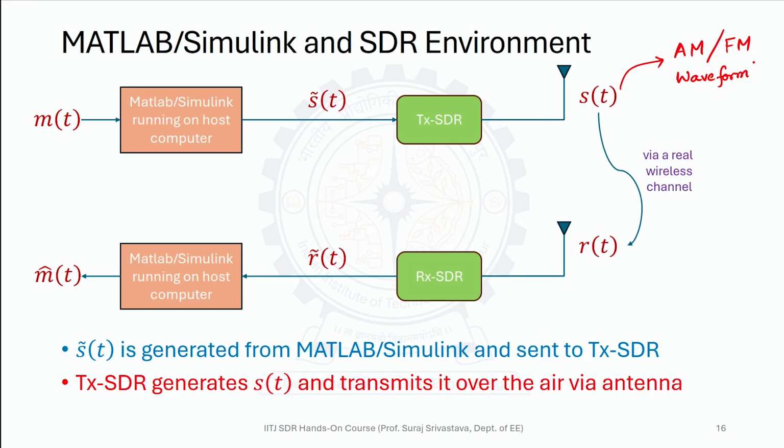All of you have done some courses on communication systems, or if you haven't, we'll cover some of these things in the subsequent lectures. Each of these waveforms, AM, FM or any other digital modulation technique, has a particular expression. That expression has to be transmitted from the antenna of the SDR. So s(t) represents the final, what is called the passband waveform.